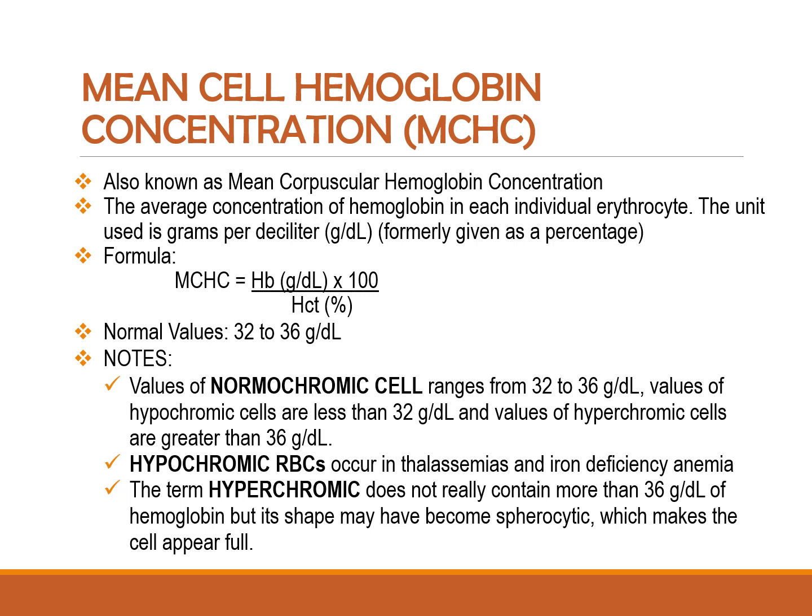Hypochromic RBCs usually occur in thalassemias and iron deficiency anemia. The term hyperchromic does not really mean that the cell contains more than 36 grams per dL of hemoglobin, but its shape may have become spherocytic, which makes the cell appear full.